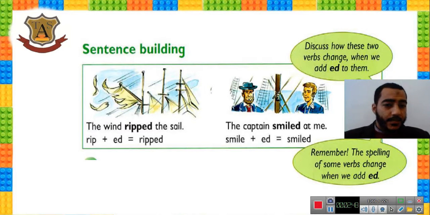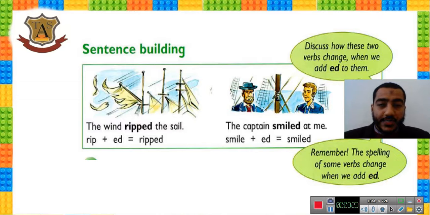Moby is saying, discuss how these two verbs, ripped and smiled, change when we add ed to them. Do you remember when we should add ed to a verb? We took this in the first term.